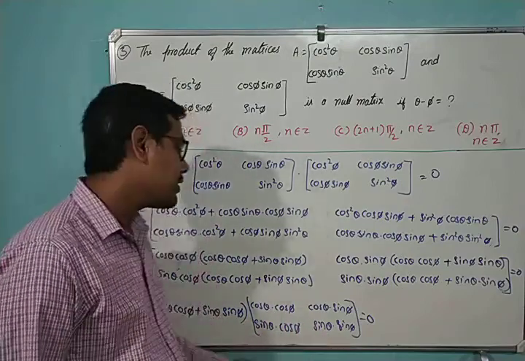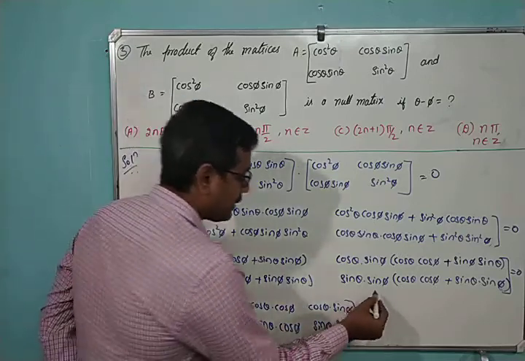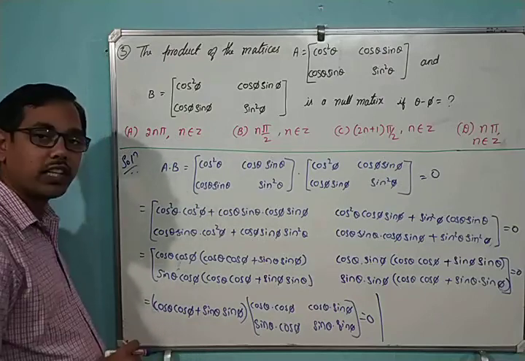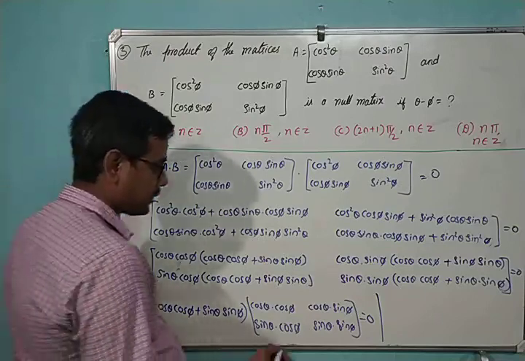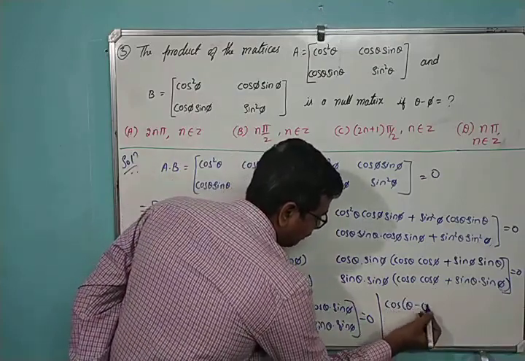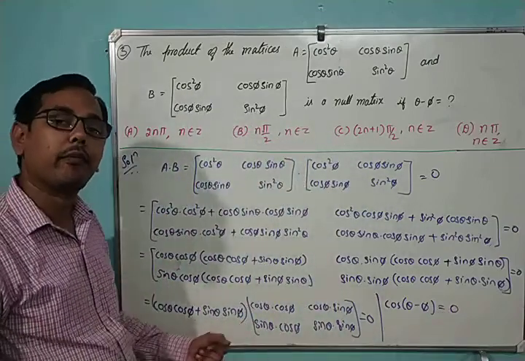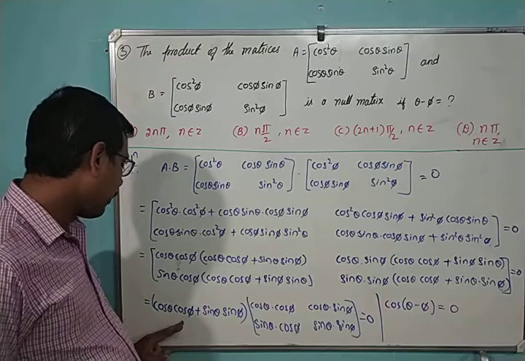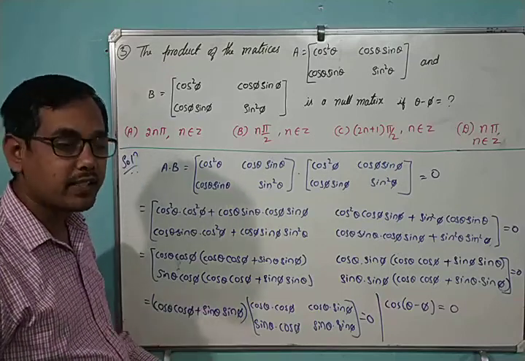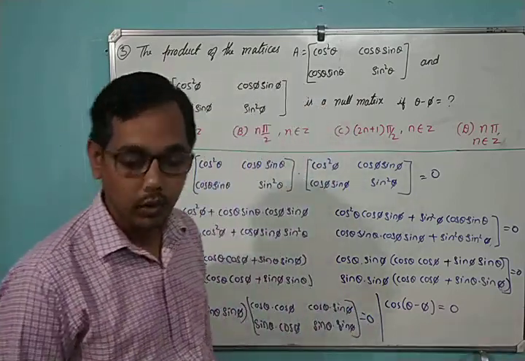Right. So if I equate this to 0: what is cos A cos B plus sin A sin B? That is nothing but cos of A minus B. Cos of theta minus phi. I can write cos of theta minus phi as equal to 0. This if I equate to 0, the entire thing will become 0. Cos theta cos phi plus sin theta sin phi is cos of theta minus phi, so cos of theta minus phi will be equated to 0.